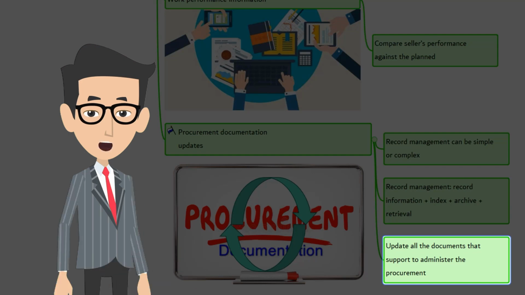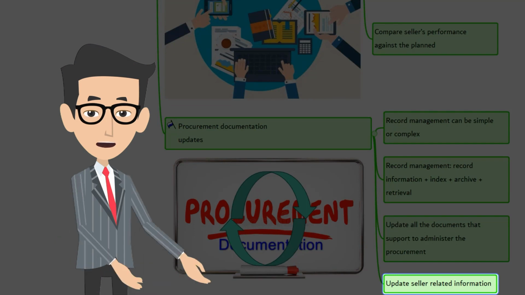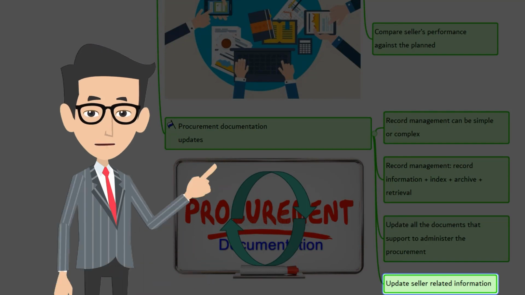You update all the seller-related information such as work performance information, seller performance reports, financial documents such as invoicing and payment records, and contract-related inspections. You may even update the technical documentation developed by the seller for the benefit of the project.